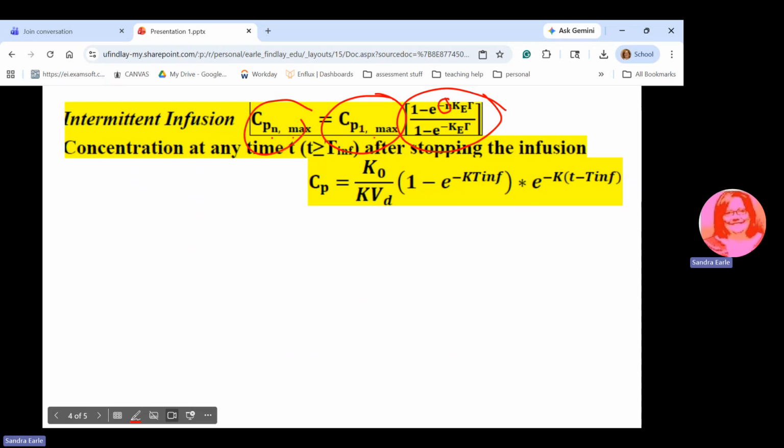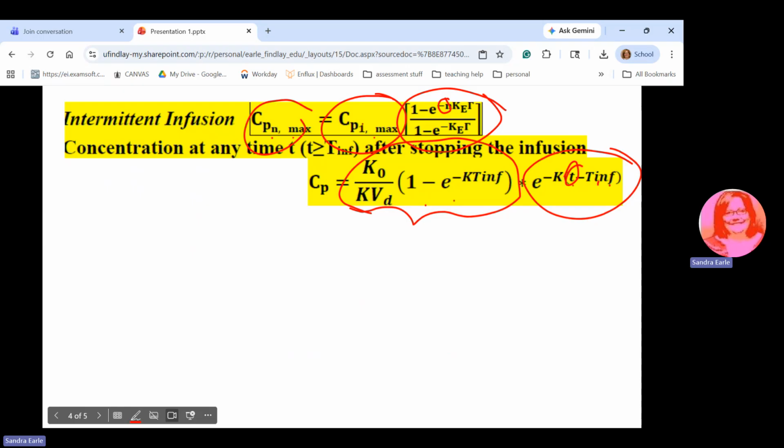Sure enough, Cmax at the nth dose. How do we figure out Cmax? This piece is Cmax, isn't it? We know this piece is Cmax. This is going to peanut butter it down to whatever time. Last time we had tau minus t time of infusion, but maybe it's not all the way to tau.